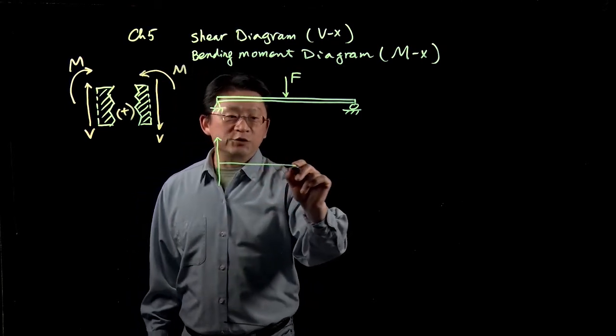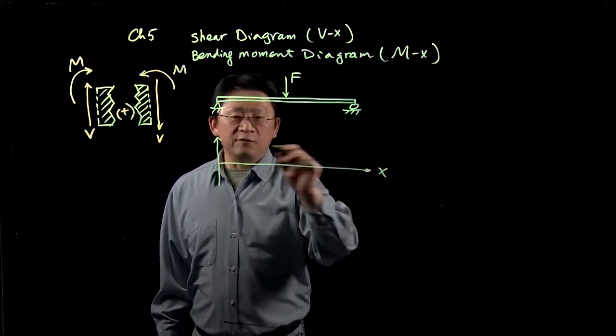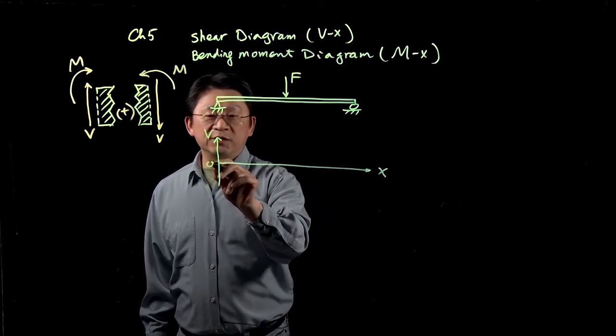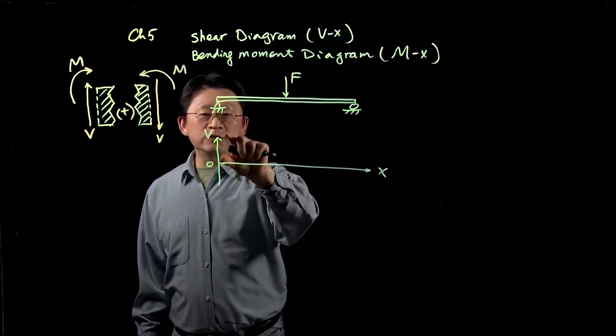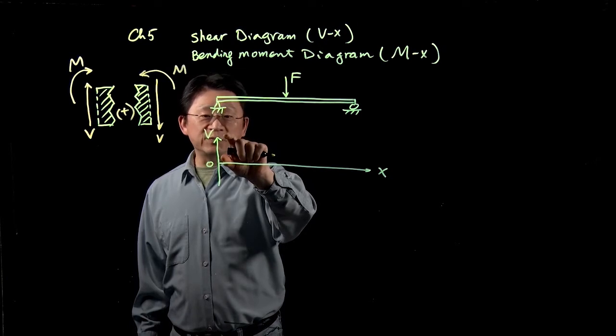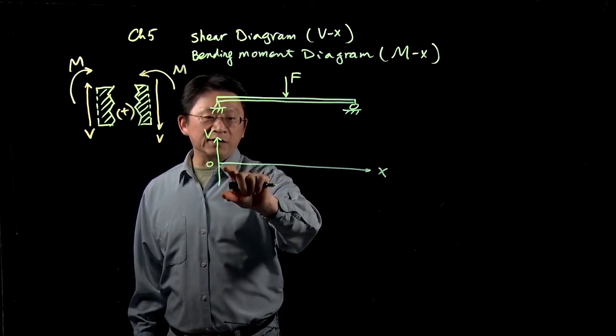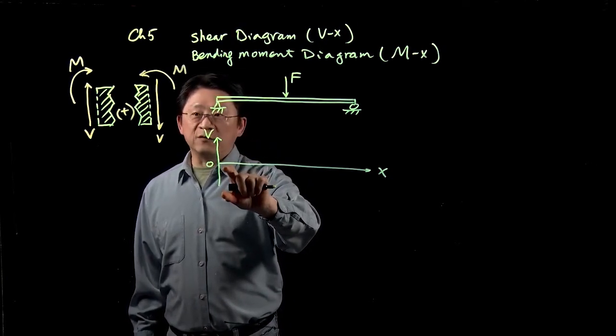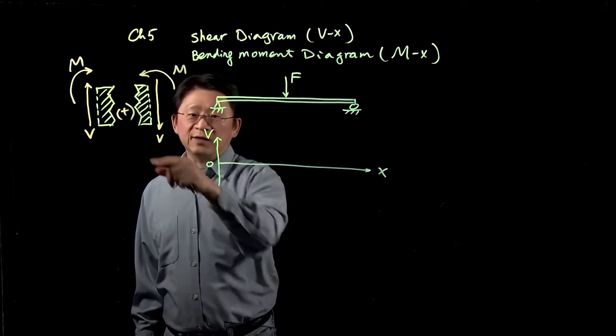We draw the shear diagram V with a 0 here. Above this in the upper quadrant is a positive value, below is negative, determined by the sign convention.